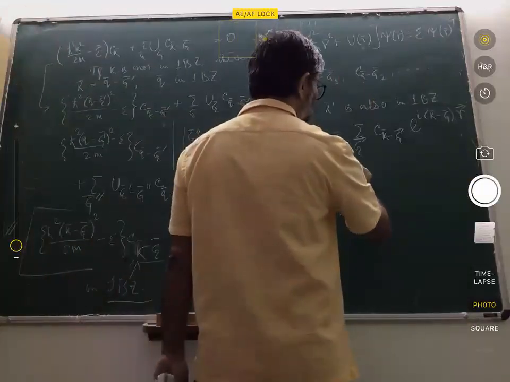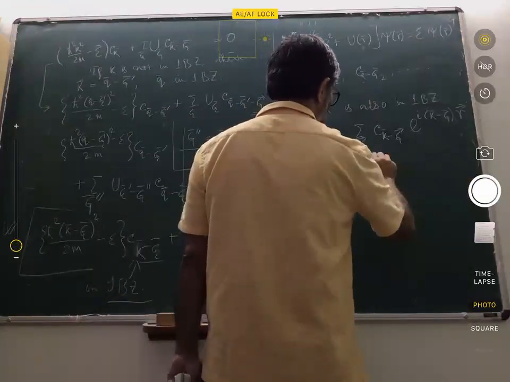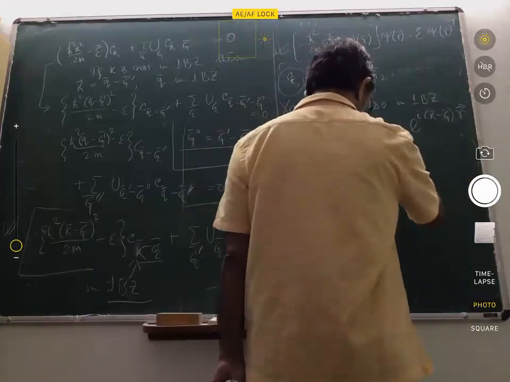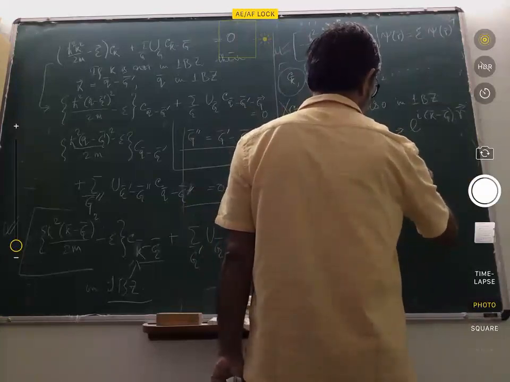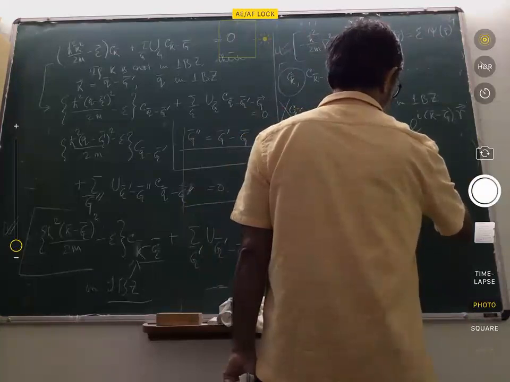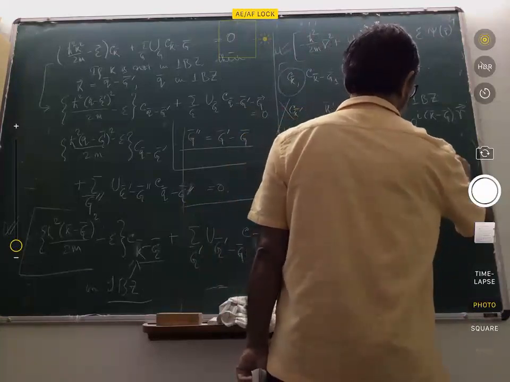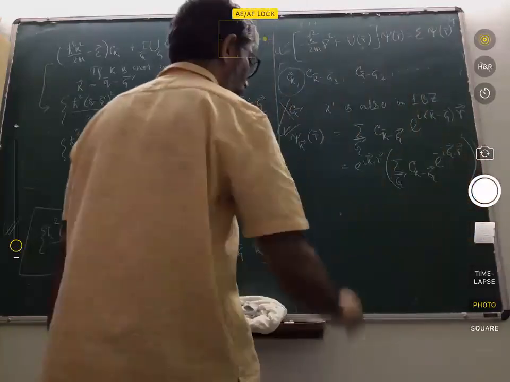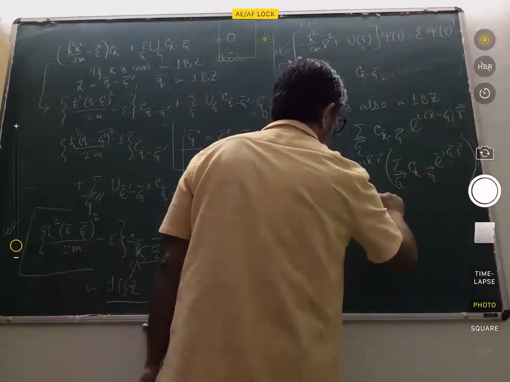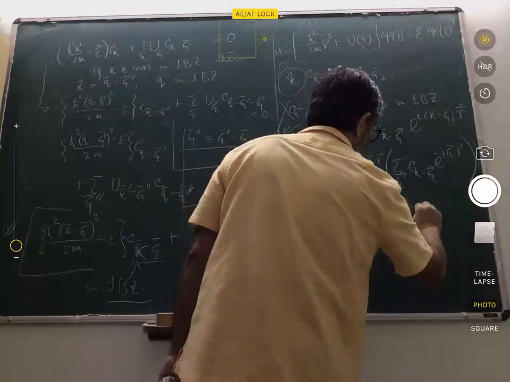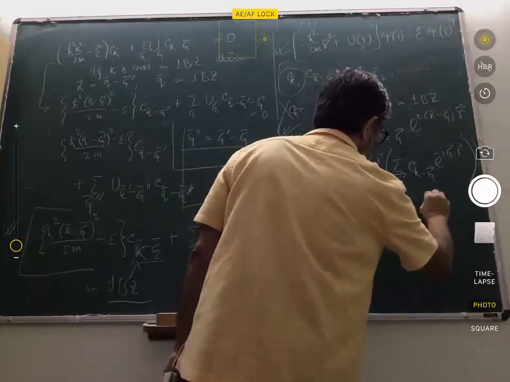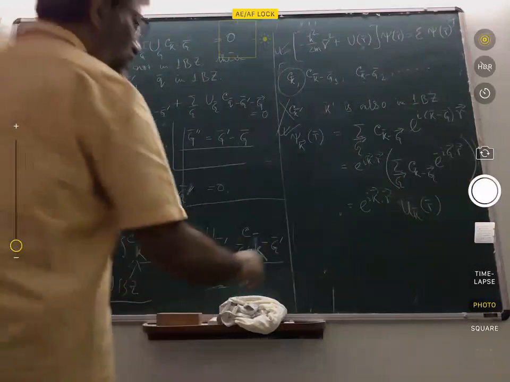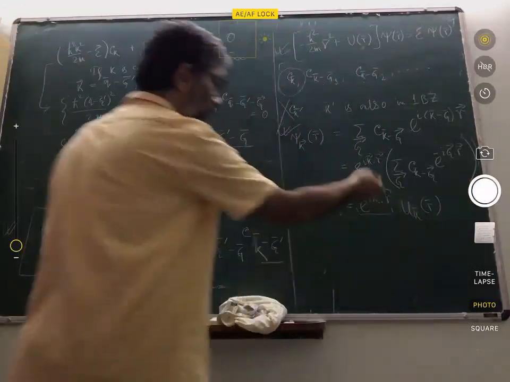So let's see, I can write this, and this factor is conventionally written as u k of r. So this factor naturally appears in this form.